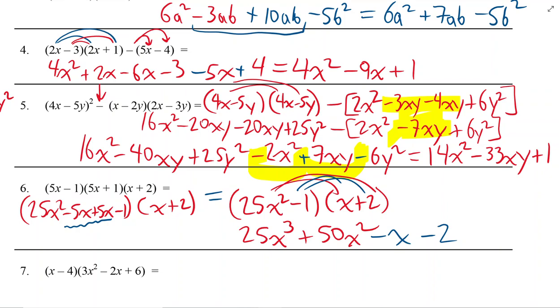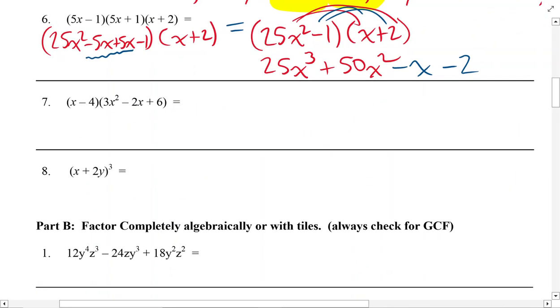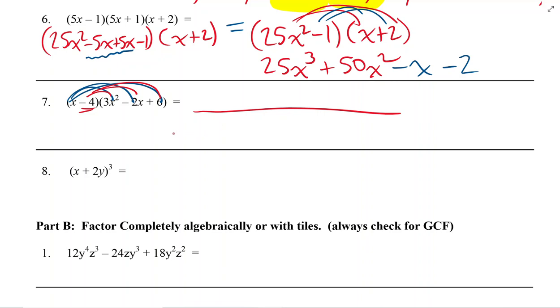Hands up if you got this. Good, okay. Next one here, so you're going to take the x, multiply it into all 3, then you're going to take the minus 4, multiply in all 3, collect like terms, okay? So multiply out, collect like terms.